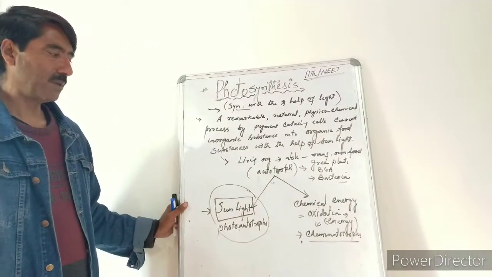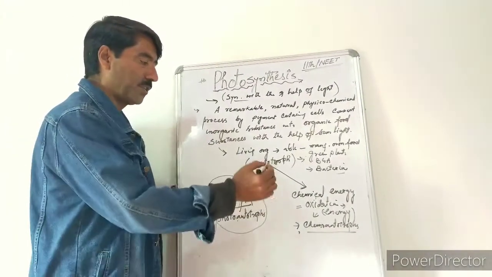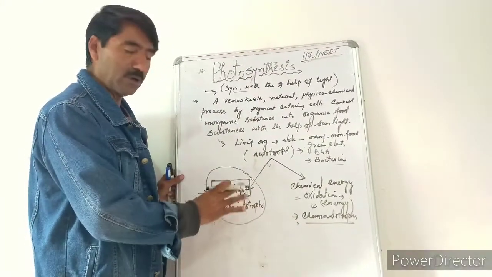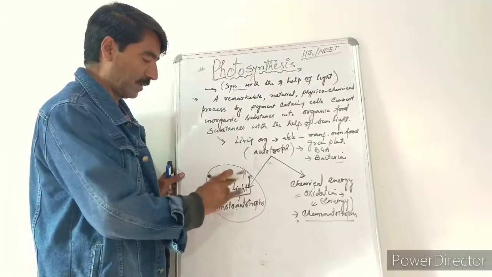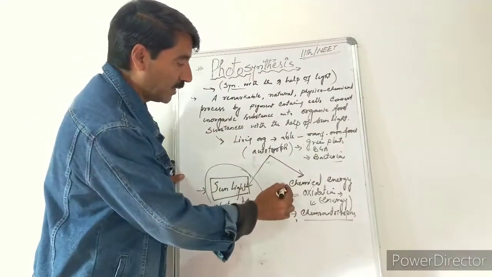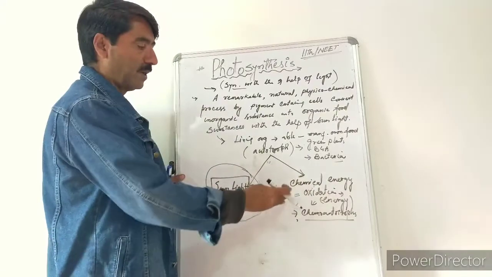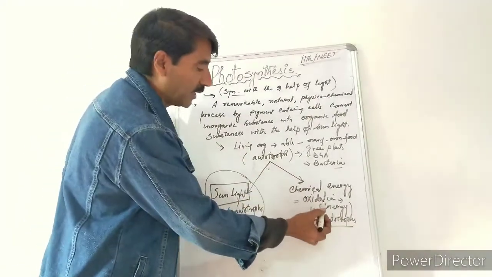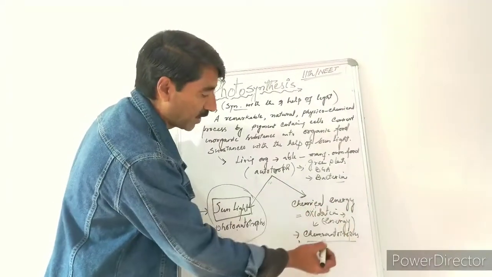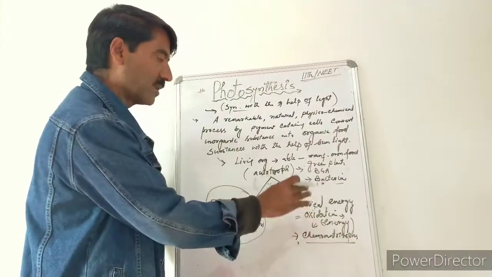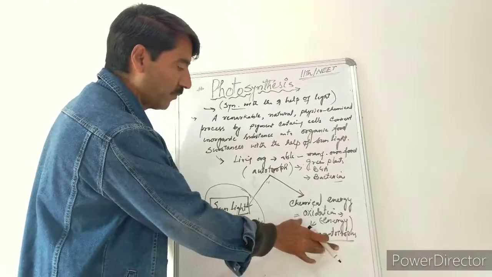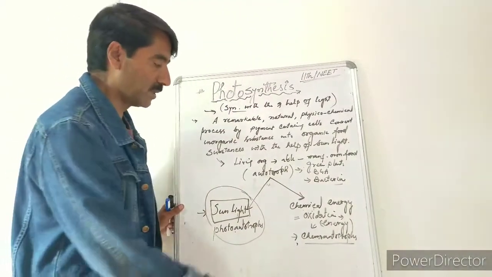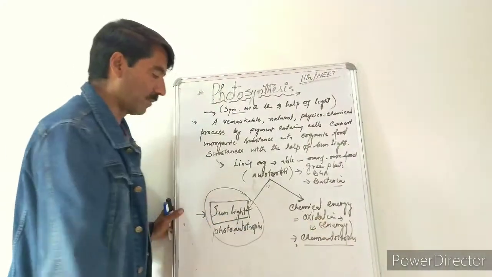But there is a group of bacteria which are unable to capture the sunlight. They have not that ability that they can trap the solar radiation. Then instead, they can cause the chemical reactions to occur, oxidizing certain substances, and the energy released during these chemical reactions is used as the energy source for manufacturing of food, that is converting inorganic substances into organic food substances. These are called chemoautotrophs.